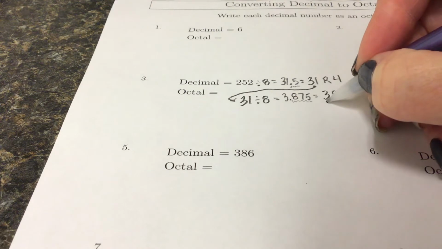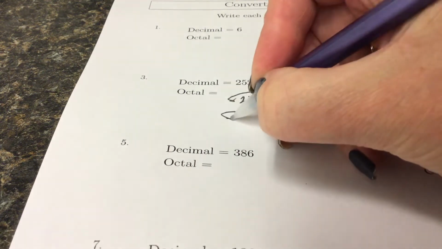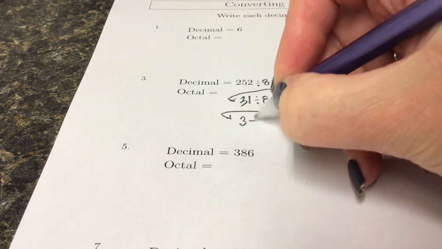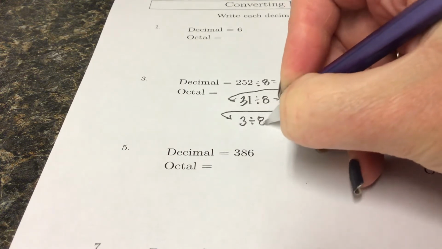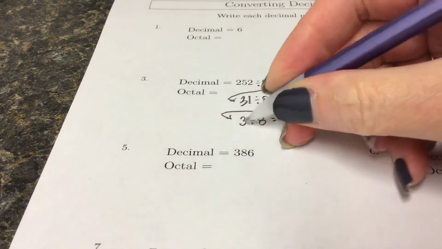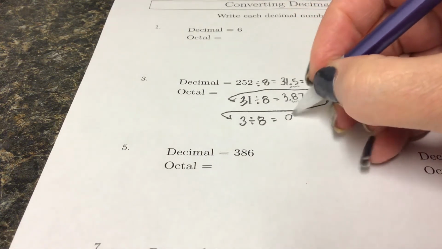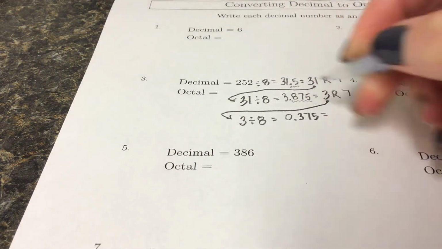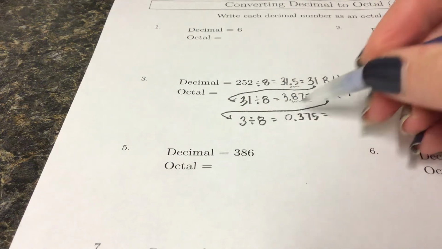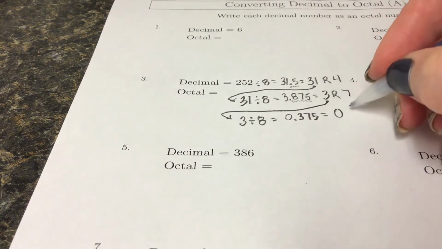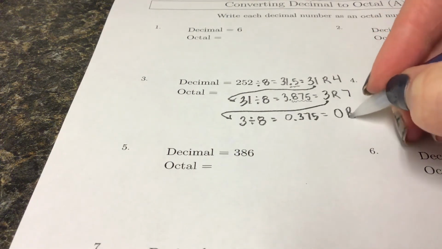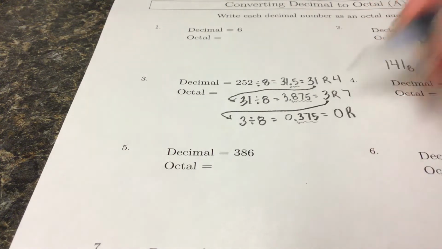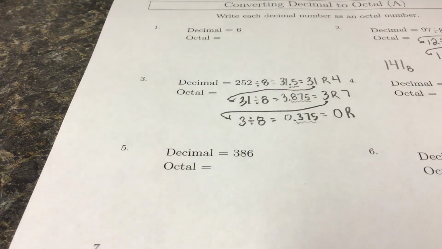Now we keep going. This 3, we'd slide it down here and divide it by 8 again. When you divide 3 by 8, you get 0.375. So 0 would be on top of our division bar. For the remainder portion, you do the same thing: you take your decimal times 8.